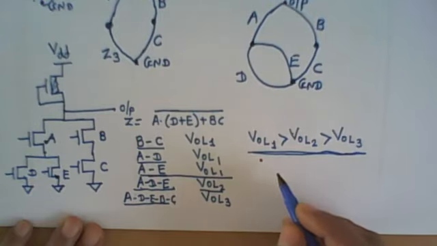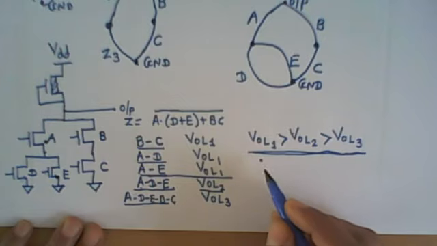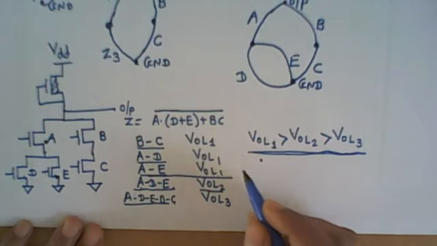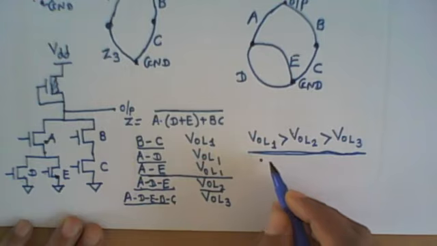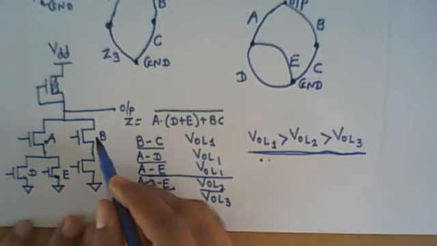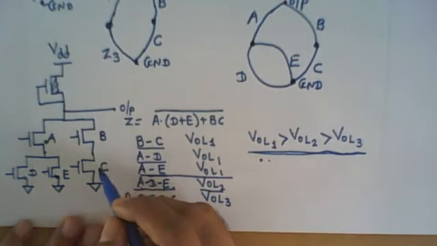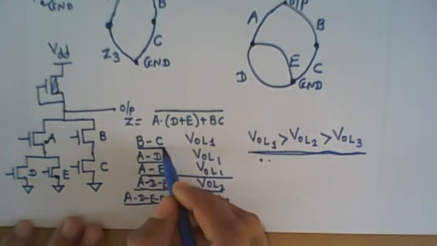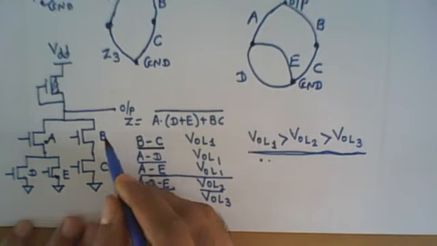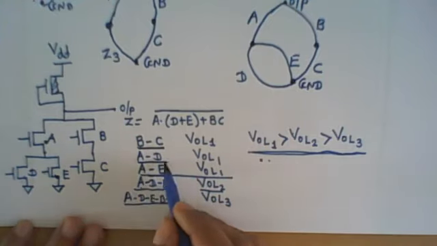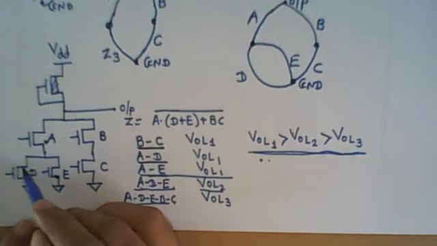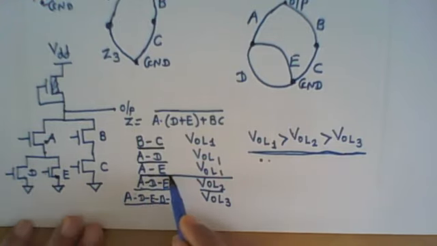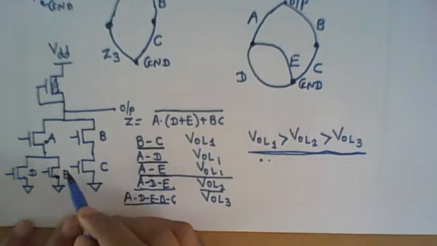Now suppose all the MOSFETs have equal W upon L, right? Then when we are designing for the VOL and finding W upon L, here both MOSFETs are connected in cascade. If B and C are 1, then B and C are in cascade. If A and D are 1, then A and D are in cascade. If A and E are 1, then A and E are in cascade.